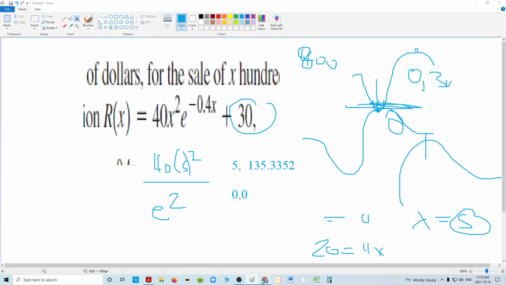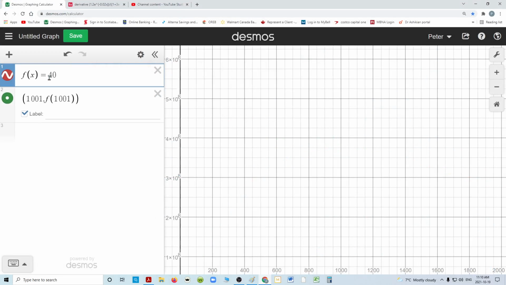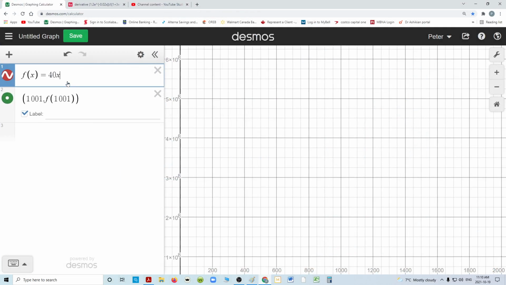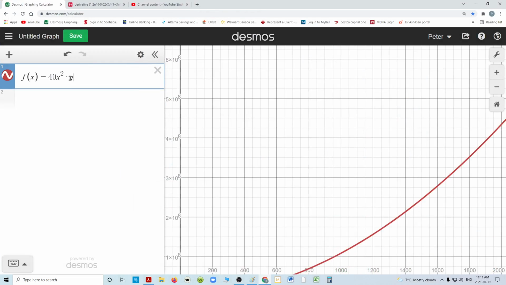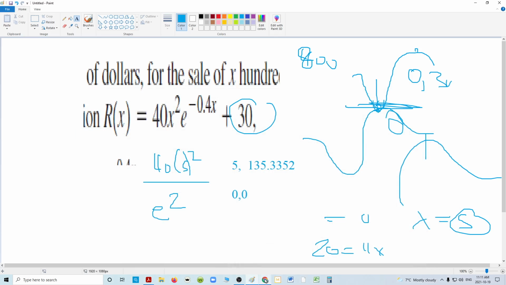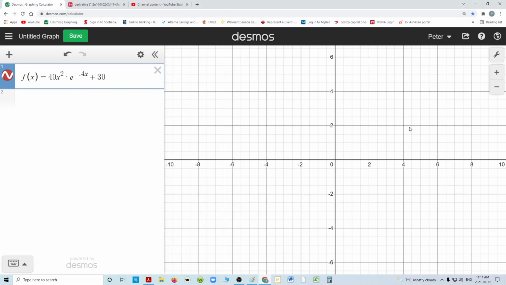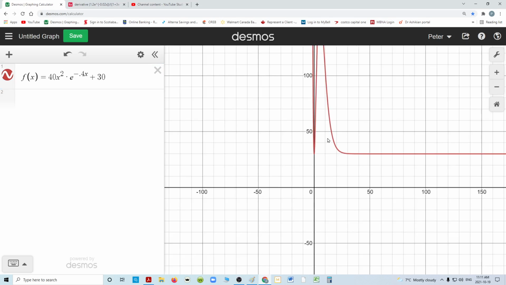Let's graph it. I don't want to spend too much time on these. Yeah, just as suspected.